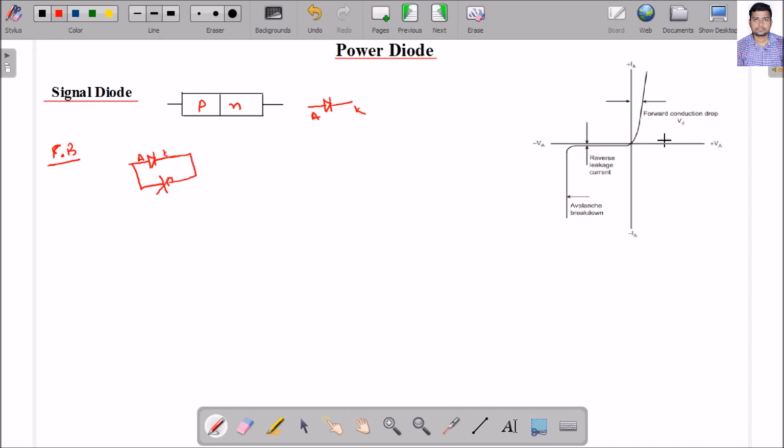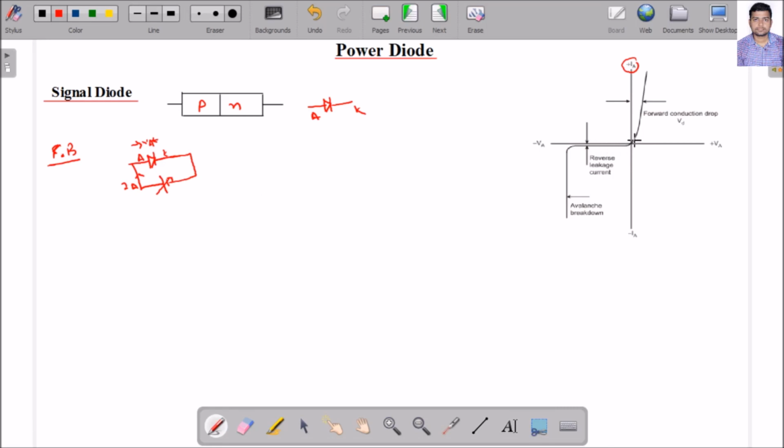Here VA is the voltage across this diode, and IA is the current flowing through the diode. When I give the positive supply, initially the current is 0.